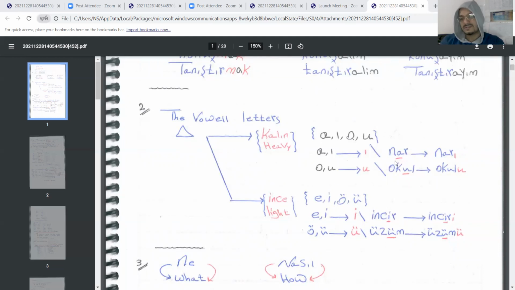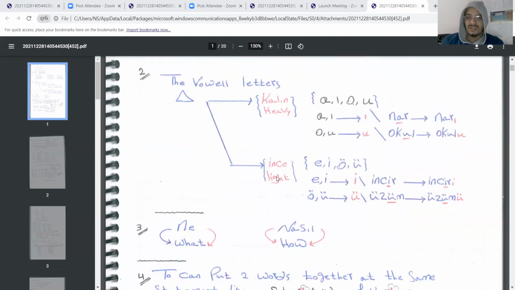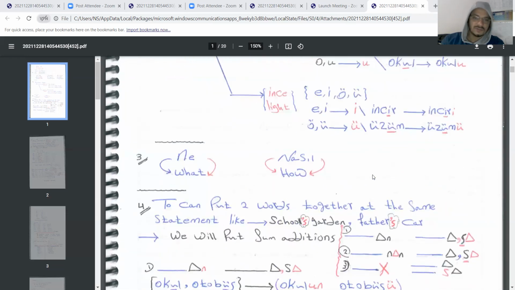Nar, it's one kind of fruit, will be narı, like that. Okul, okulu. I will put the appropriate ending at the end of the word. Here, E, İ, Ö, Ü: incir, inciri, üzüm, üzümü, will be like that. I will put the appropriate ending at the end of these words.